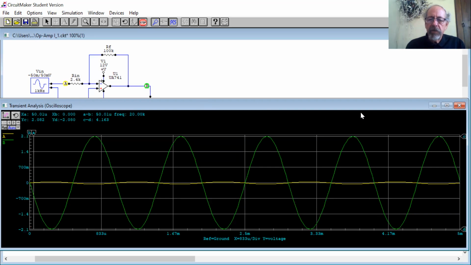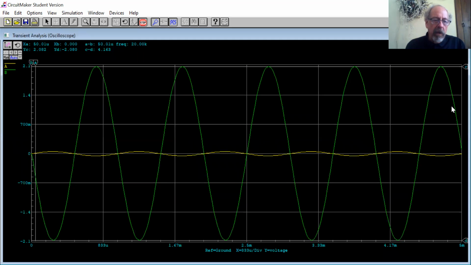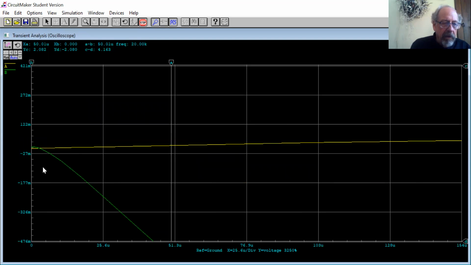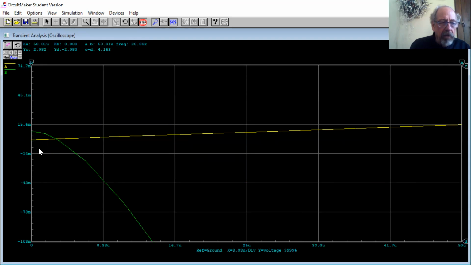Let's take a look. Let's blow this all the way up and go over to the beginning. If I click on this screen, you might notice that the signal is at 0 right here, but look at the output from the op-amp. It turns out that it's off from the 0 ground level.